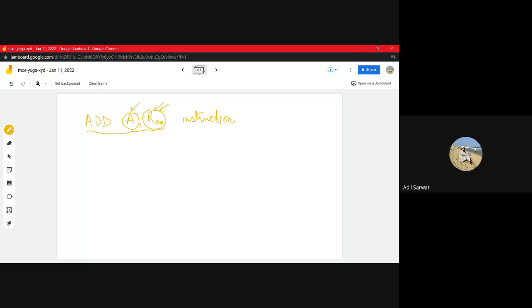It is a general purpose register. We will talk about it later. Just think that it is an 8-bit register, and some number is stored in R0, and similarly some number is stored in A. The number size would be 8-bit in both the registers.